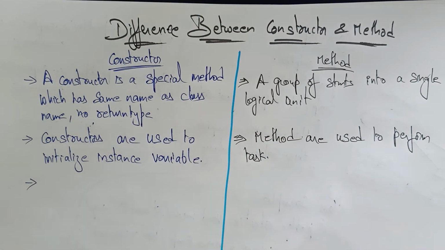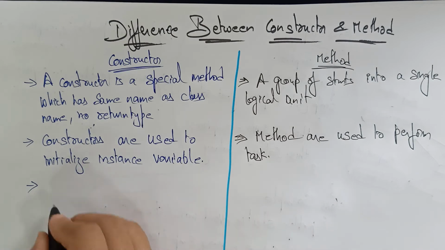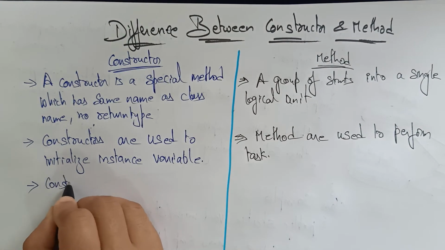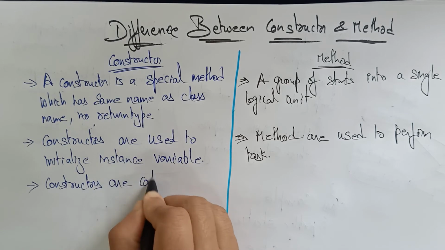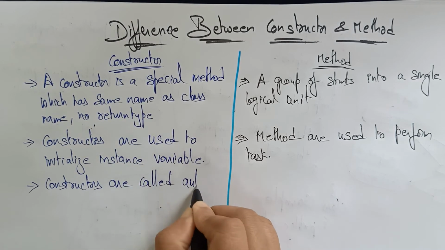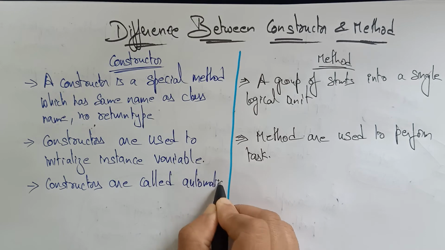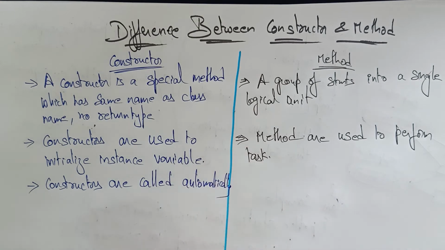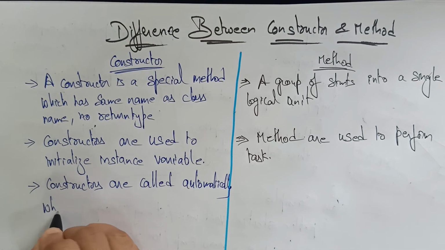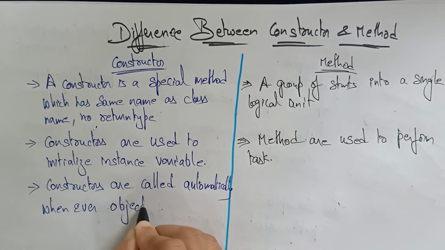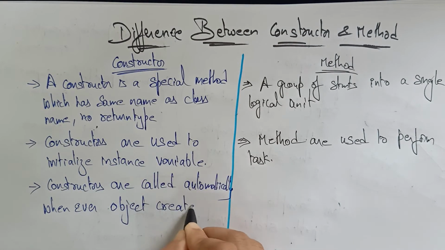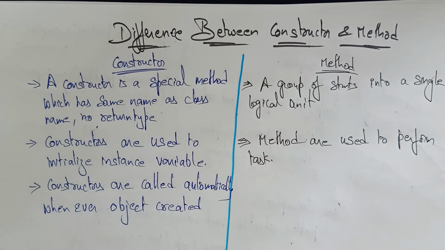Next, constructors are called automatically. You need not call them. Constructors are called automatically whenever an object is created. Then what about the method?